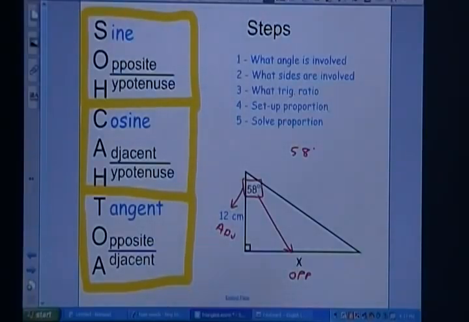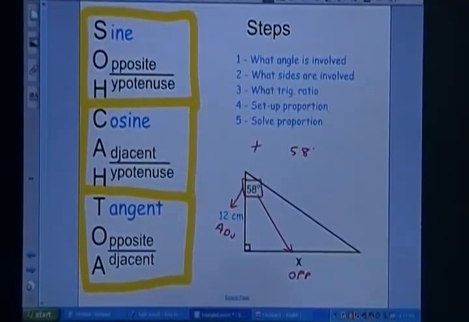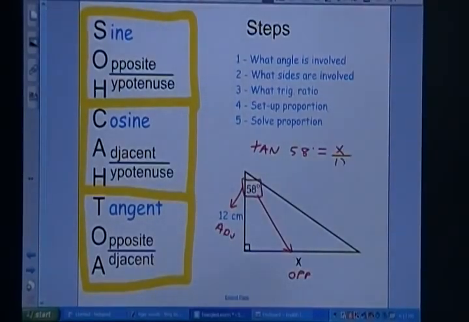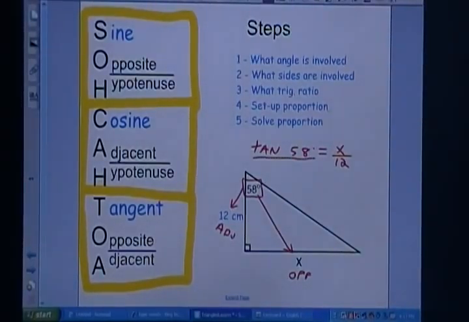We come over to our handy dandy SOHCAHTOA. We say which has opposite and adjacent? Well, we find out that it's tangent, so we're going to go tangent of 58 equals opposite, which is x, over adjacent, which is 12. So it's x over 12. We're at step 4, set up the proportion. We like to put that over 1. And now solve the proportion.